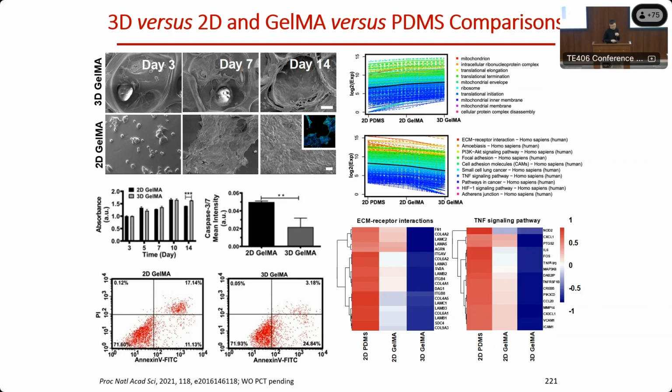It's also different when you compare 2-dimensional GelMA, with the stiffness of the actual distal lung, against 2-dimensional PDMS, which is much stiffer. This indicates that the geometry and the stiffness of the matrix matter in coordination to produce the proper lung model.